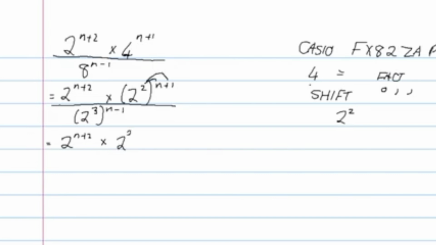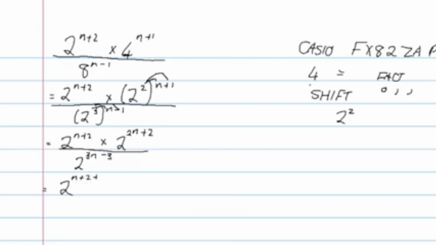So we're going to have 2 to the power 2n plus 2, all over, you open the bracket with the denominator, 2 to the power 3n, and then 3 times -1 is -3. Now you have all your numbers with the same base, and in the numerator you have a multiplication, and after that a division.